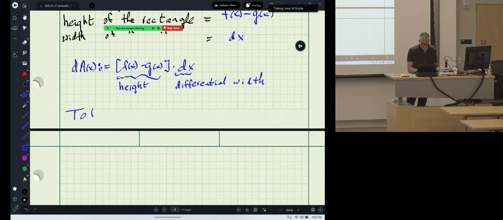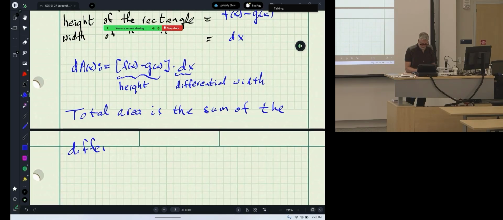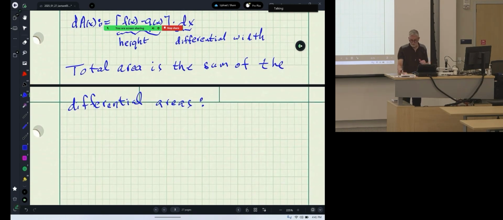If total area is the sum of the differential areas, then what do we get?